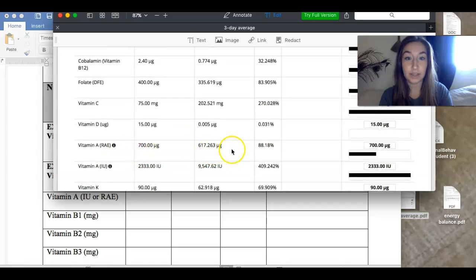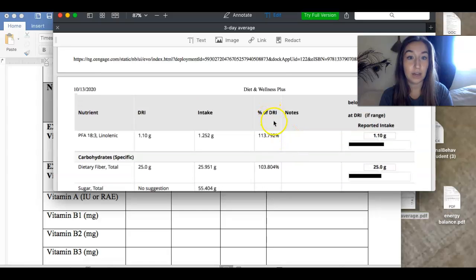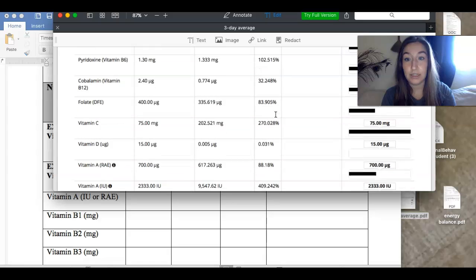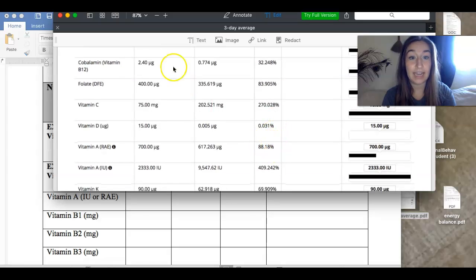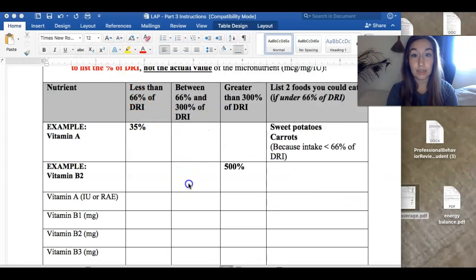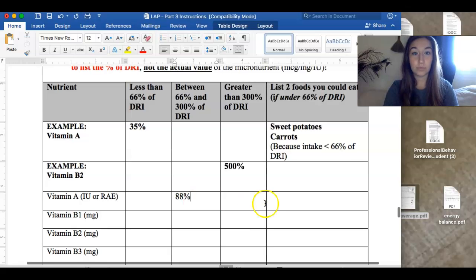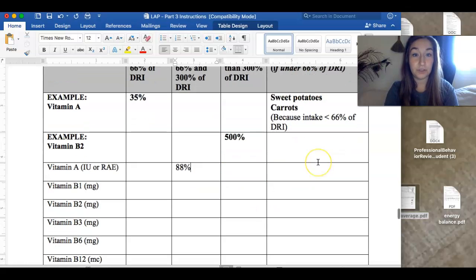All right, so this column is your percentage of DRI. So this is what it was saying where you want to put this and not this. So down on vitamin A, I was at 88.2%. I'm just going to do 88%. So I'm good. I don't need to list foods.